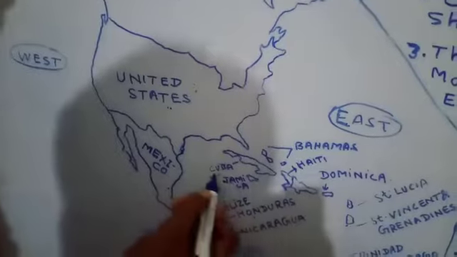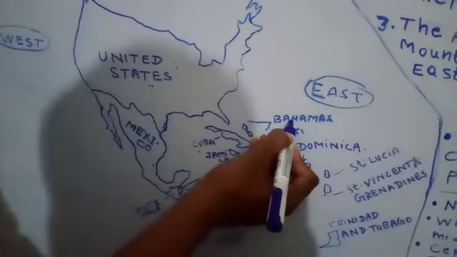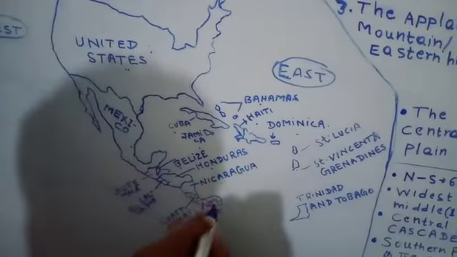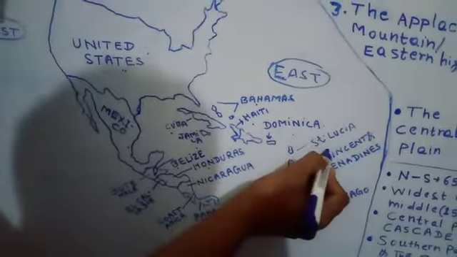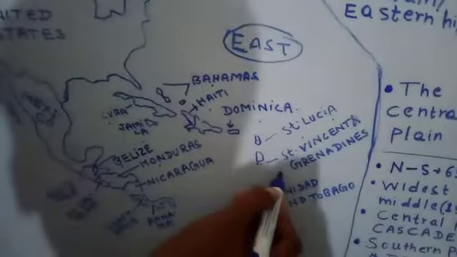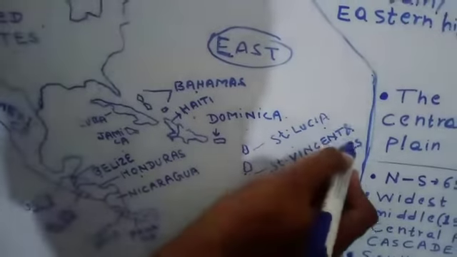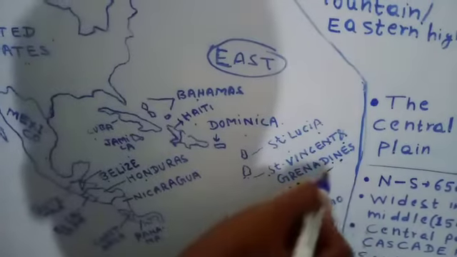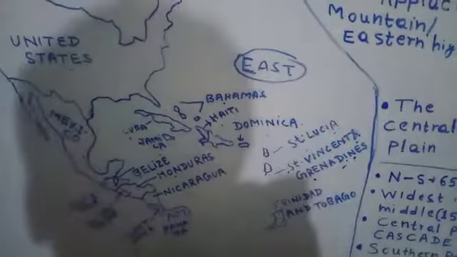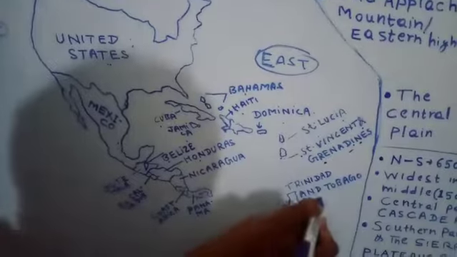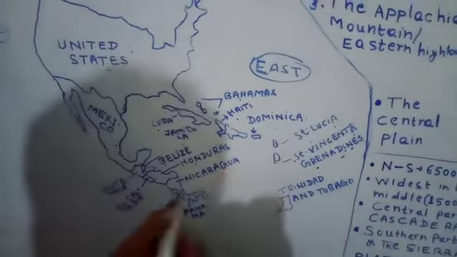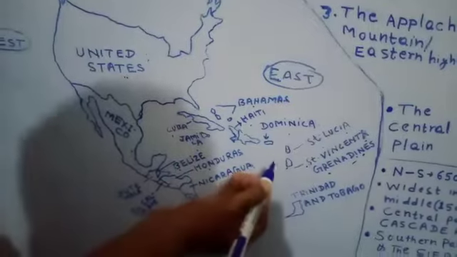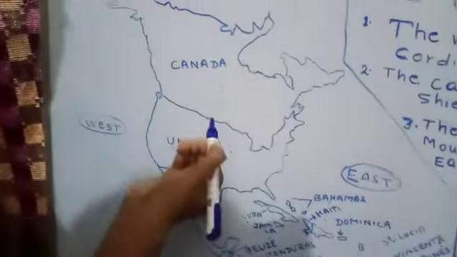Okay, so you can see Cuba, Jamaica, Bahamas, Haiti, Dominica, then Saint Lucia, then Saint Vincent and Grenadines. These are some small island countries. Then Trinidad and Tobago. These are some island countries which are also a part of North America.